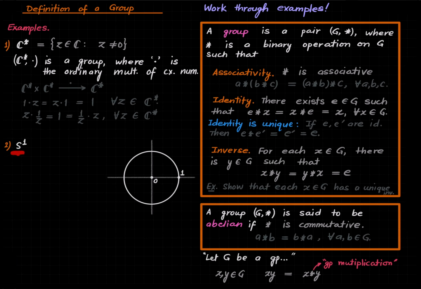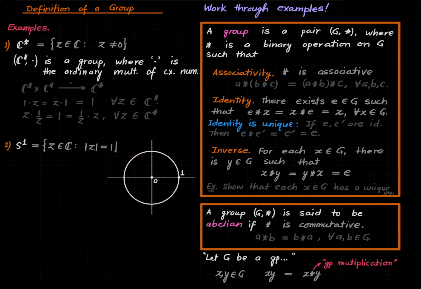the circle, the unit circle. So what is the definition? One way to write it is as those complex numbers which have magnitude 1. That's the definition. Here I have also drawn a picture.